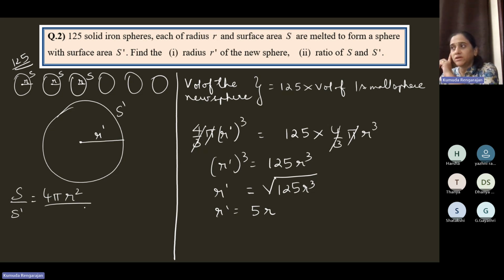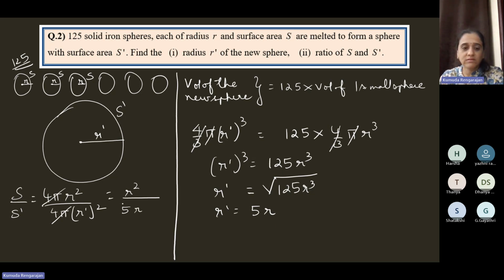The surface area of the new sphere, 4 pi r dash square. So 4 pi cancels. What is r dash? 5r. So it will be 5r the whole square. r square by 25 r square. So the ratio is 1 by 25.